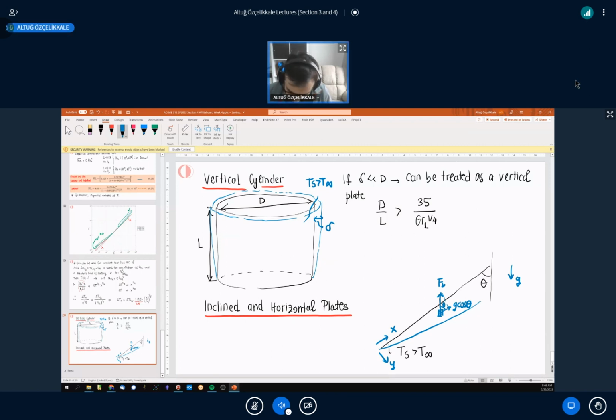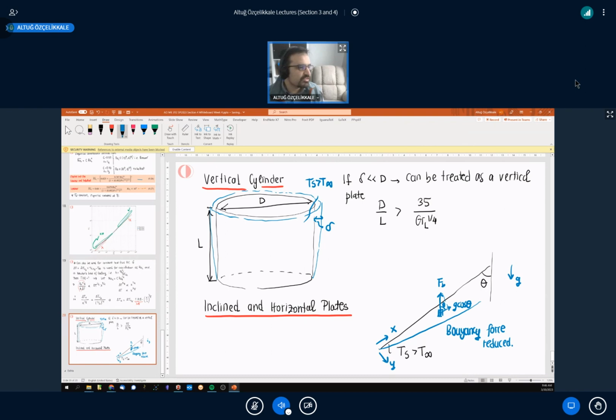In other words, the buoyancy force is reduced, driving the flow. But otherwise, up to a certain extent, we can say that we can use this as the gravitational acceleration, calculate our Grashof numbers, and use this g cosine theta in our formulation and stick with the remaining formulation as the same, meaning we can use these correlations.